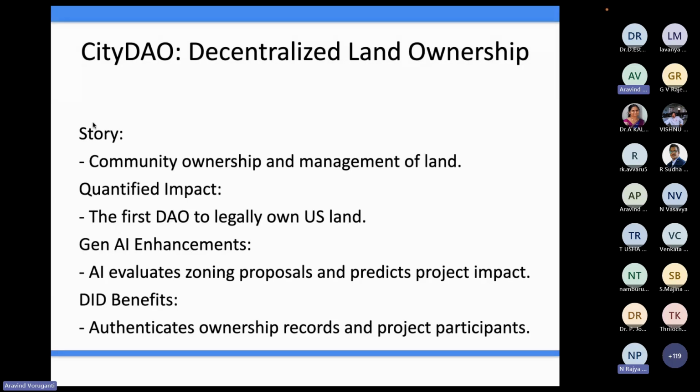And once prices go up after some time, the consensus can happen between these stakeholders to decide to sell that land at a higher price. So everything can happen seamlessly, right? And then authentication of the ownership records and project participants, right?